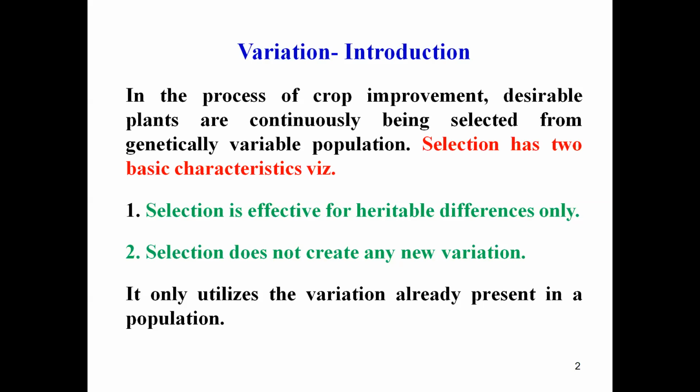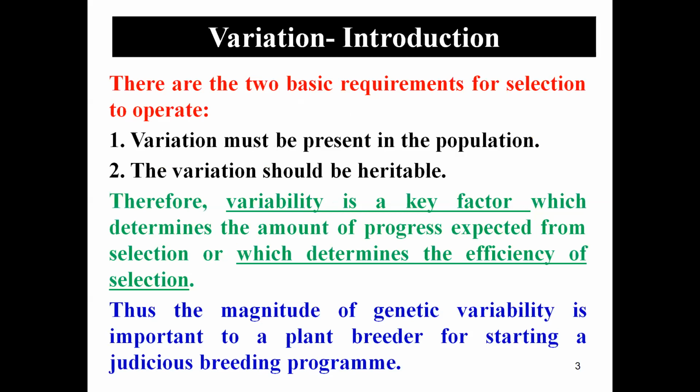Next, there are two basic requirements for selection to operate. What are these? Variation must be present in the population and the variation should be heritable. First, variation must be present in the population. Suppose you do selection in a uniform population, it has no variation, then our selection is not worthwhile, because from a uniform population, what will you select?